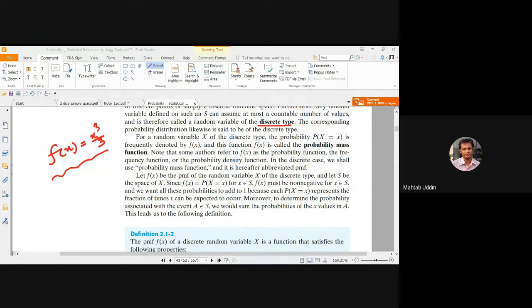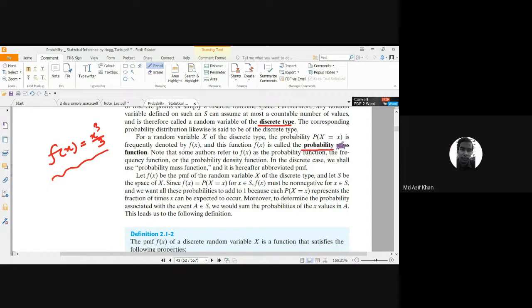Asif, can you hear me? Yes, sir. I have written f(x) equal to x cubed by 3. Definitely the event is absent, whereas the probability function is present, right? Yes, sir. In this situation, the function is called PMF, probability mass function.